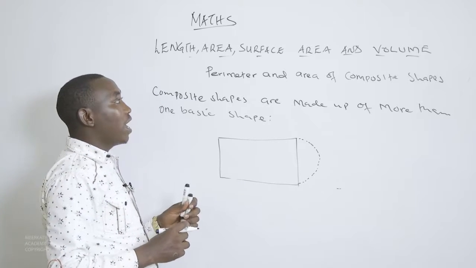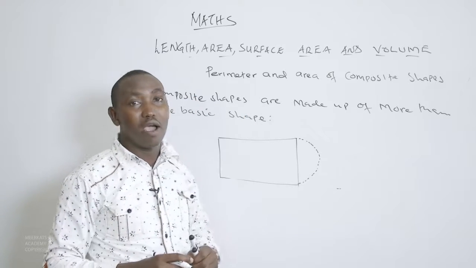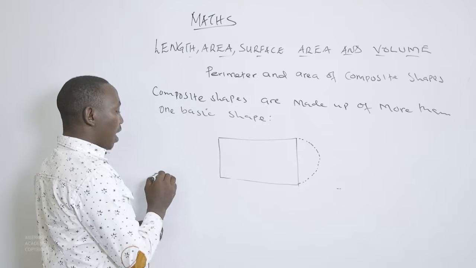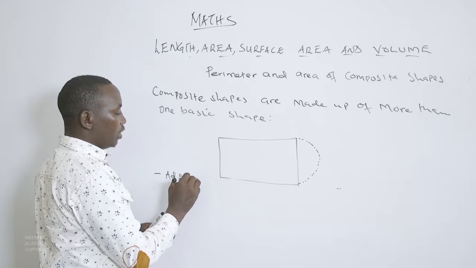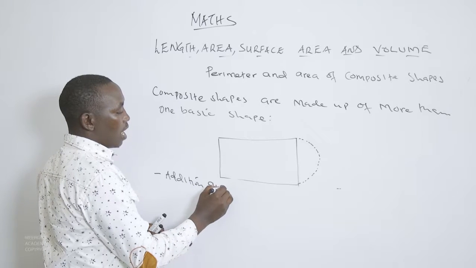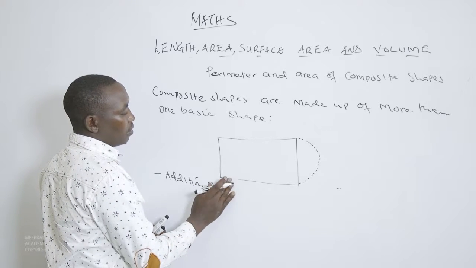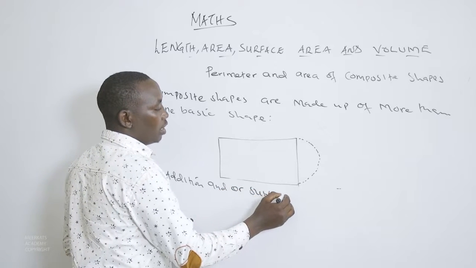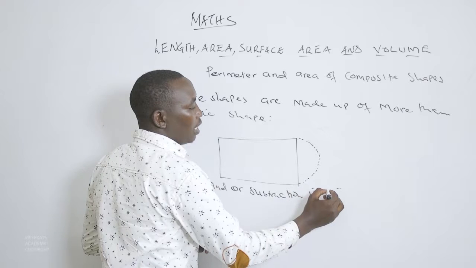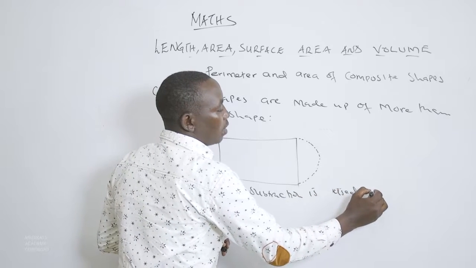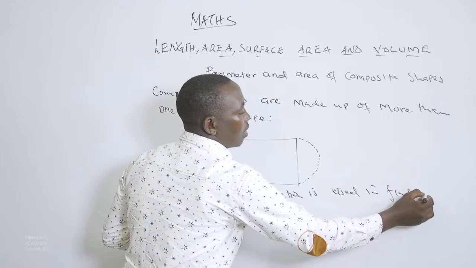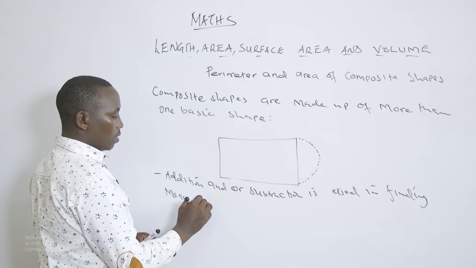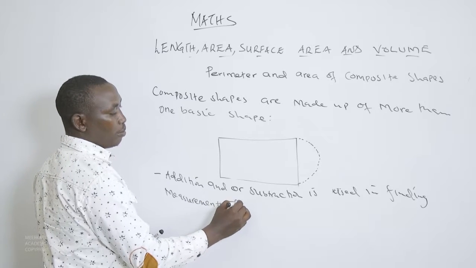Now, for you to find the perimeter and the area of those composite shapes, you need either addition or subtraction to find the measurements for the composite shapes.